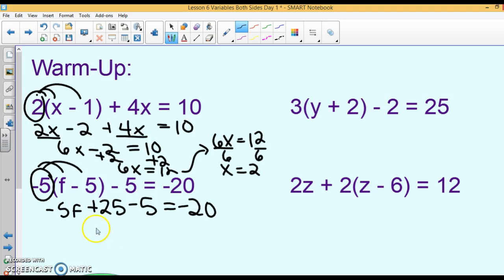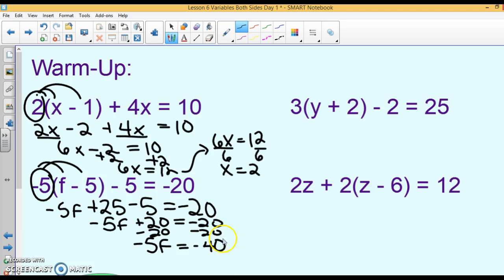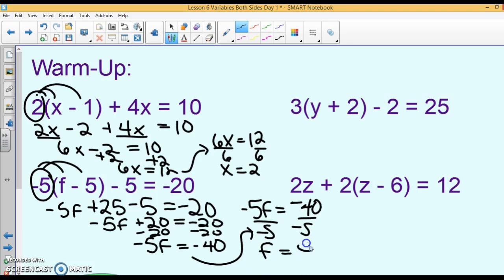When I combine those, I'll have negative 5f plus 20 equals negative 20. I can subtract 20 on both sides, and I'll have negative 5f equals negative 40. Negative 20 minus 20 is negative 40. Divide by negative 5 on both sides, and you'll get f equals positive 8.